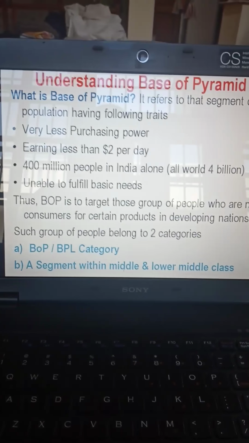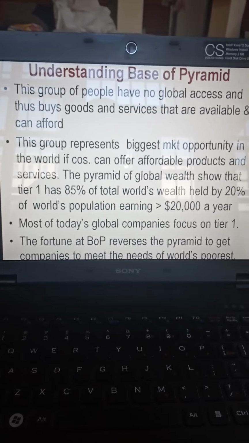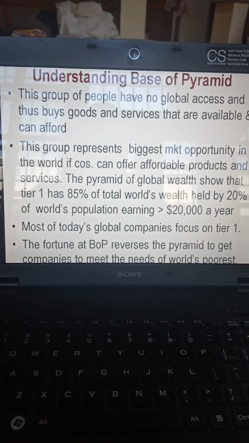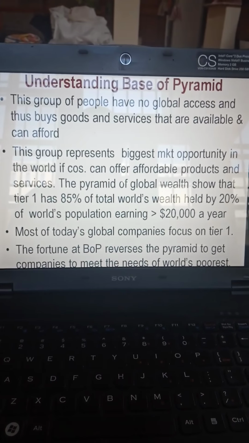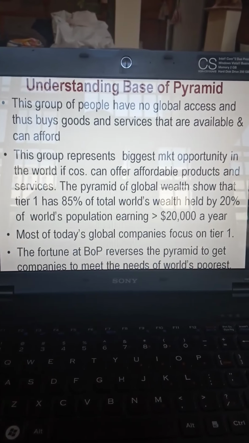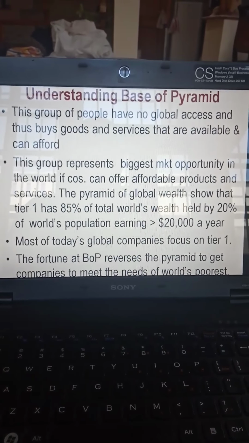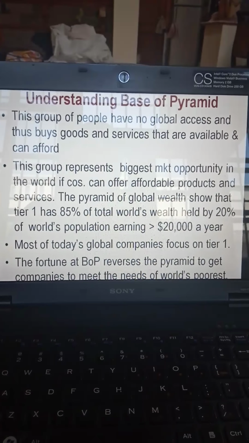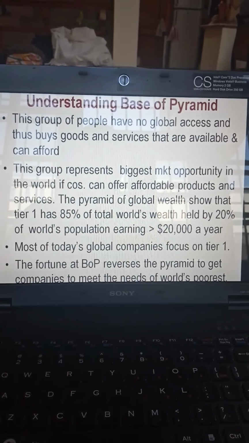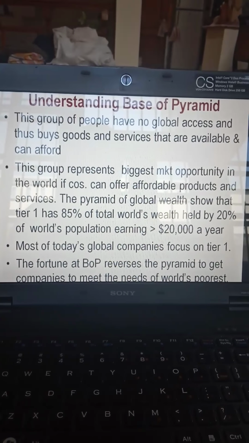Now, when we talk of the current situation, the 4 billion people all over the world are unable to meet their demands as far as their basic needs are concerned, because they can't afford it. Secondly, only the rich people can go to various sites, can go to global companies to buy whatever they need and can buy at any price.